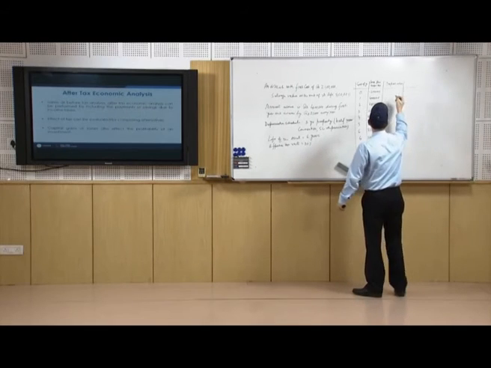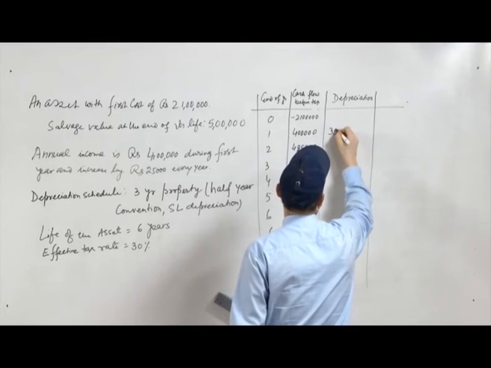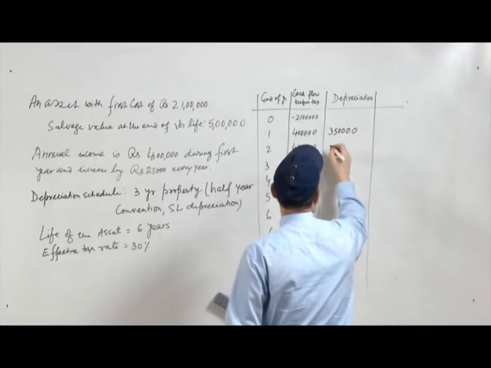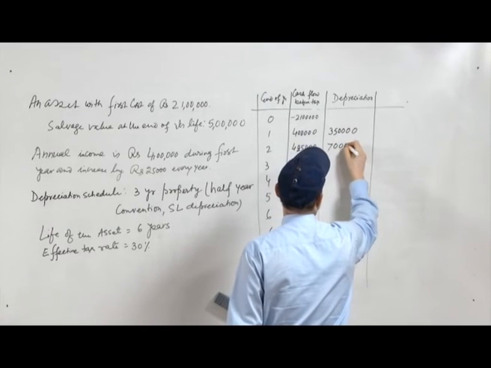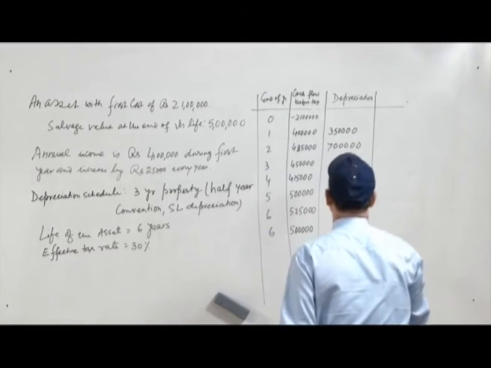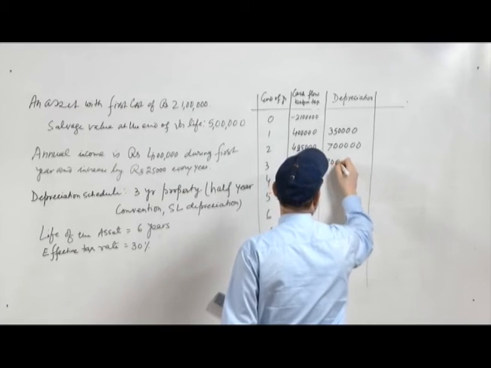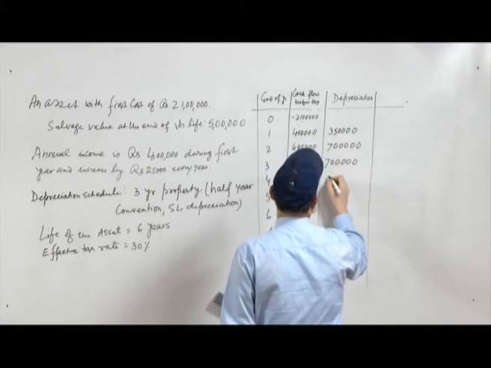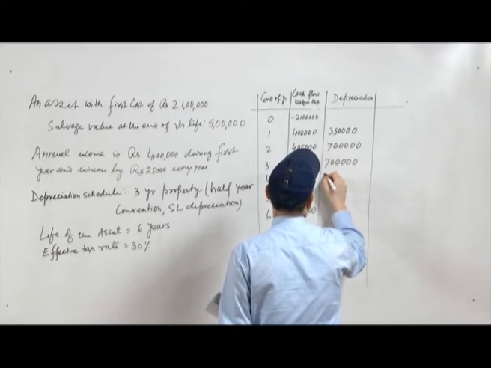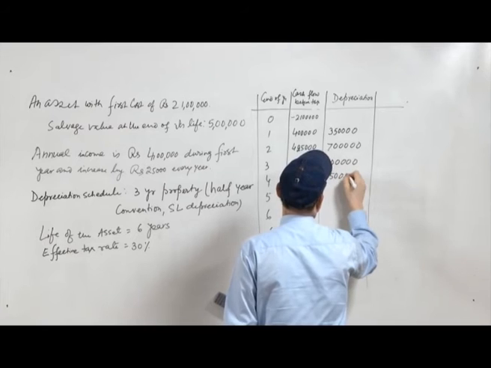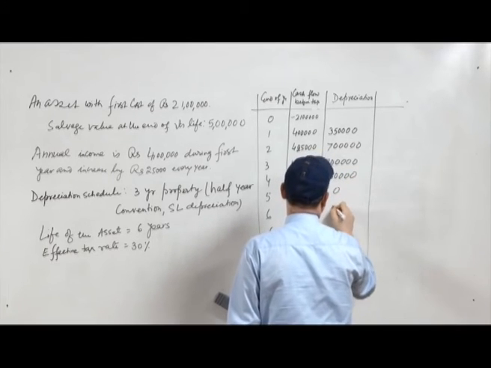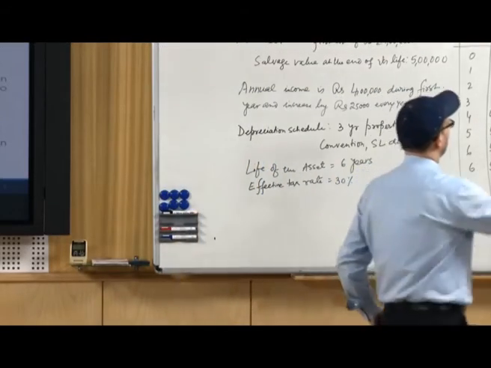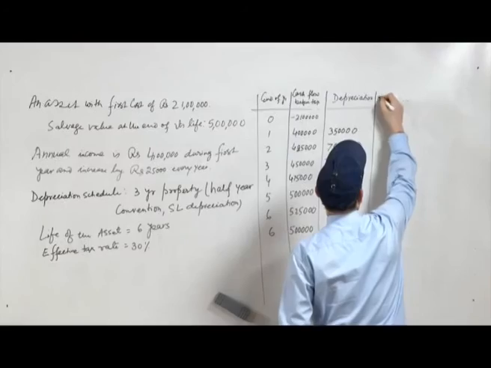So in the first year it will have 3 lakh 50,000, and in the next 2 years you have 7 lakh, and in the fourth year it will have a further 3 lakh 50,000. Further it goes to 0.